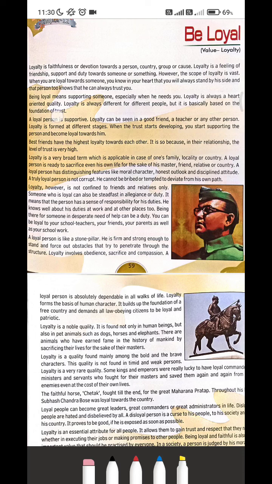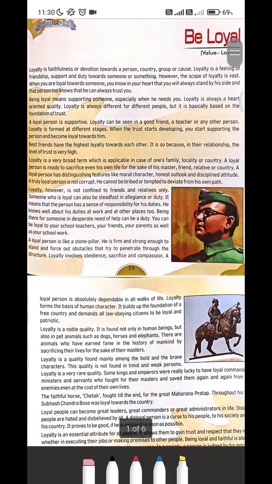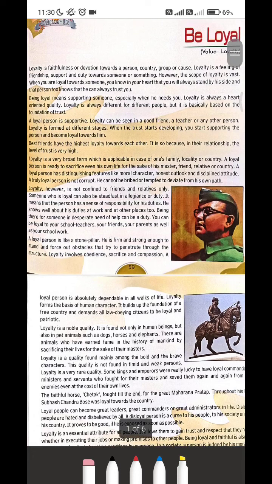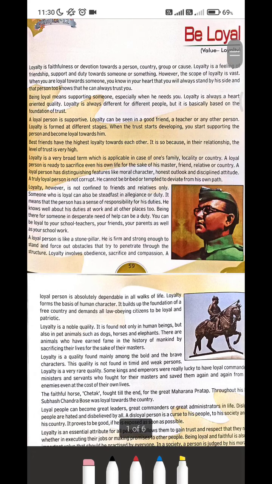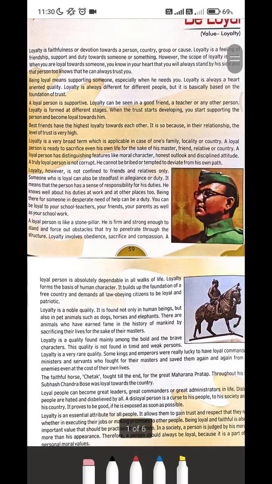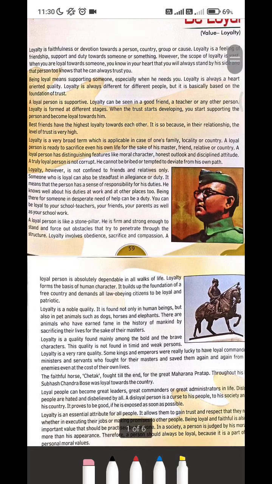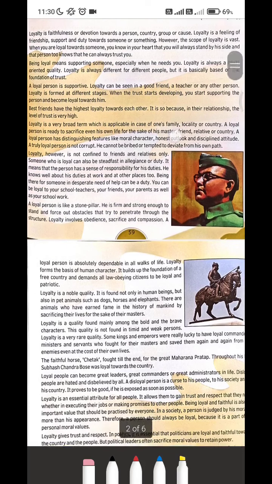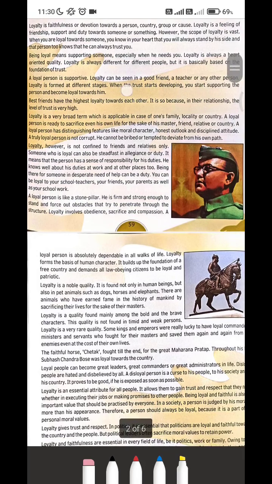A loyal person is supportive. Loyalty can be seen in a good friend, a teacher, or any other person. Loyalty is formed at different stages. When the trust starts developing, you start supporting the person and become loyal towards him.